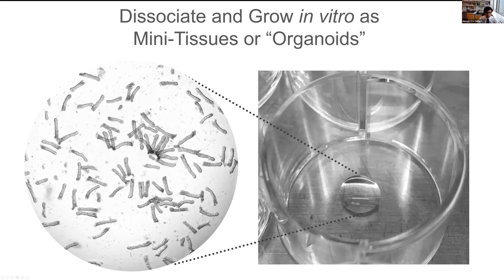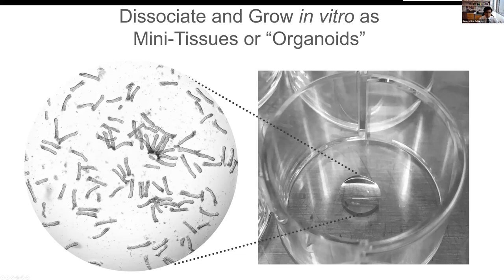It's very soft and friendly for the crypts. And they're able to grow in media that we maintain in the lab. We put them into these well plates, as you can see on the right, in a droplet format for convenience. After the hydrogel has set, we place media on top of it to permit their growth.